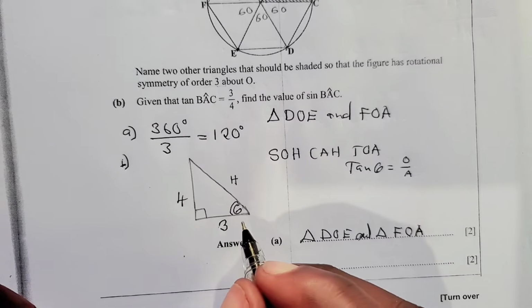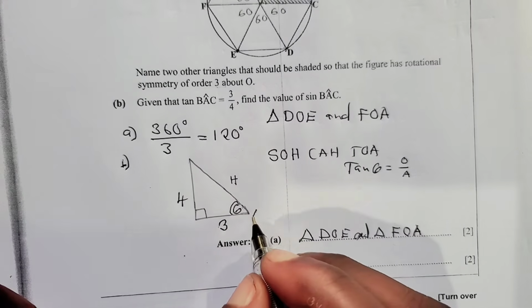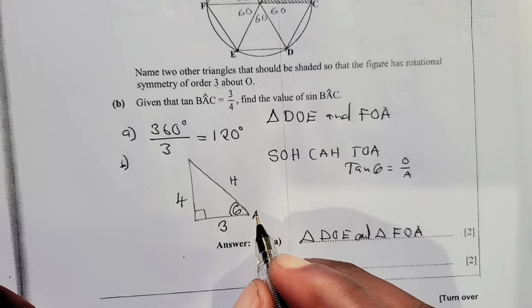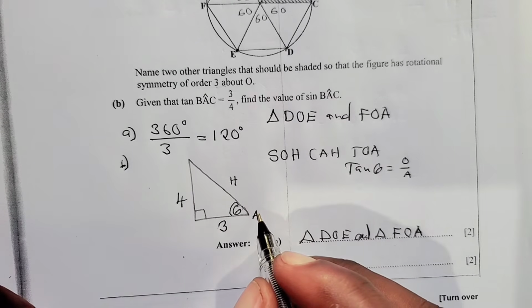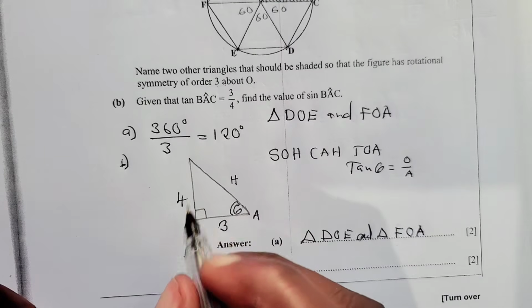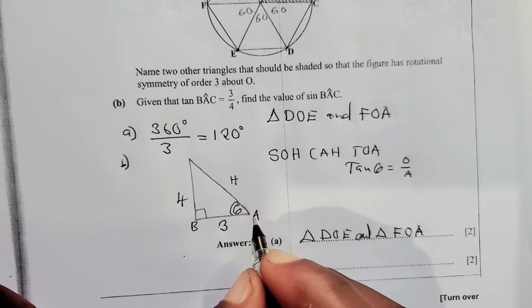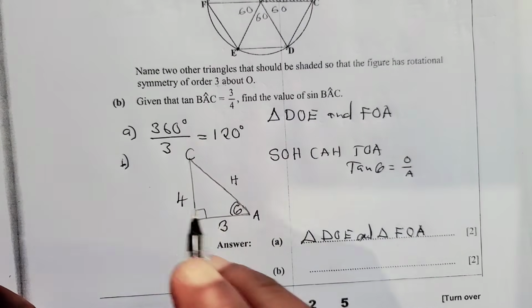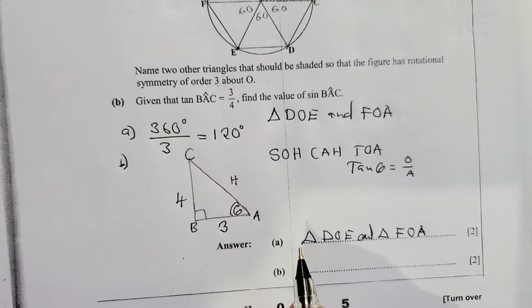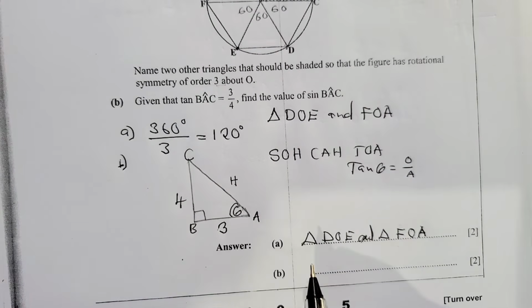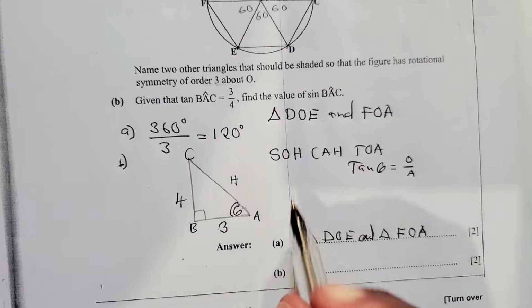The angle is at A, so let's put B here, A, then C. BAC.